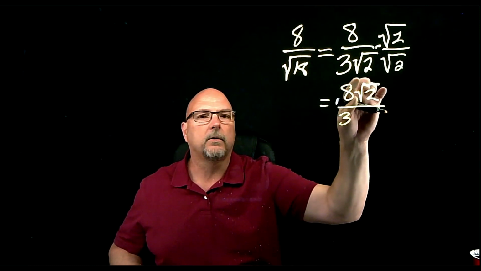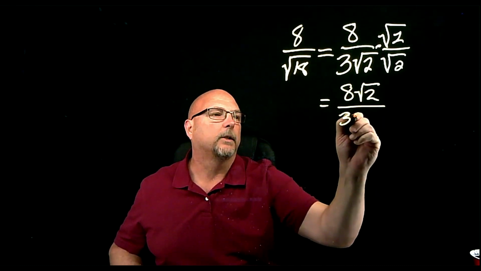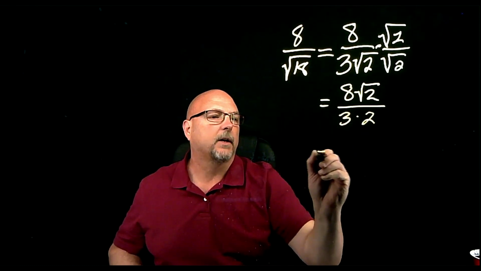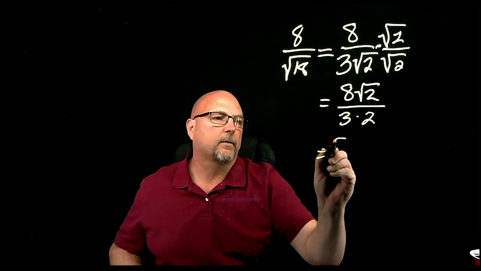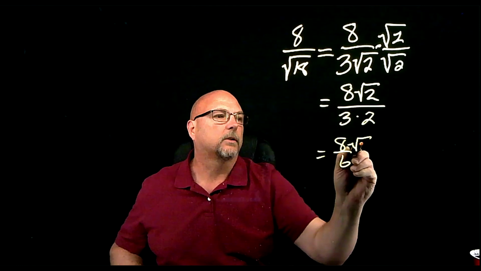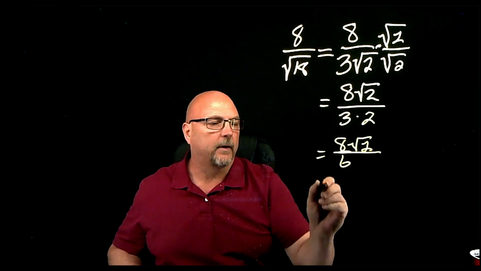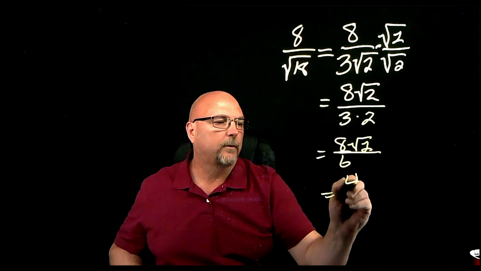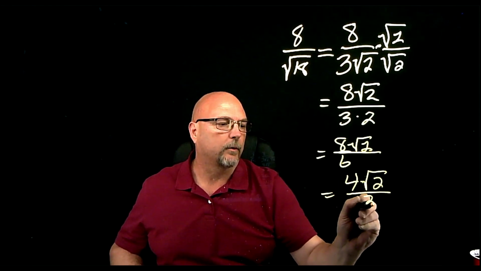Well, the square root of 2 times the square root of 2, that's the square root of 4, which is 2. So we're going to simplify a little bit here, or you could write it out and then simplify: 8/6 times the square root of 2. So 8/6 will simplify, and that just becomes 4 times the square root of 2 all over 3.